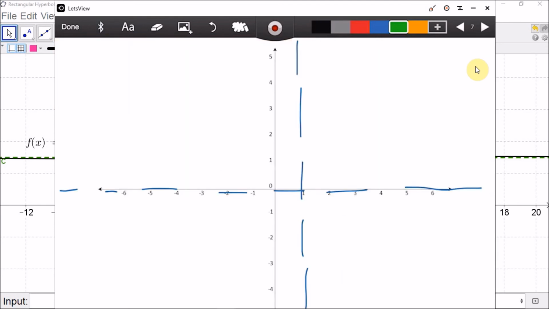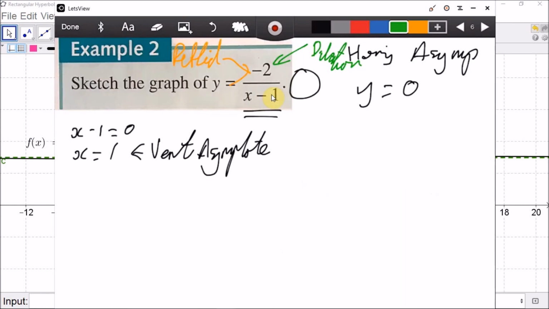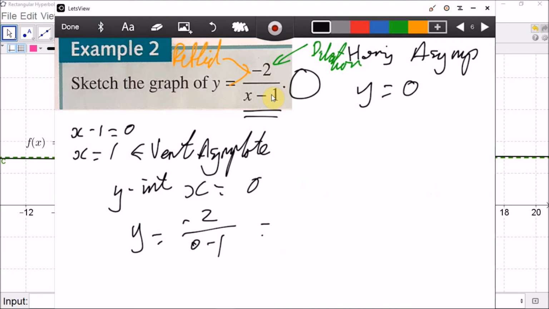Now with this particular one, because the x-axis is the horizontal asymptote along here, it's not going to have an x-intercept, but it will have a y-intercept. So y-intercept when x equals 0, so we've got y equals negative 2 on 0 minus 1, which is negative 2 on negative 1, which is 2.